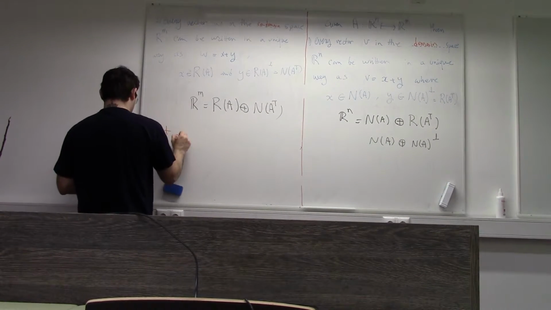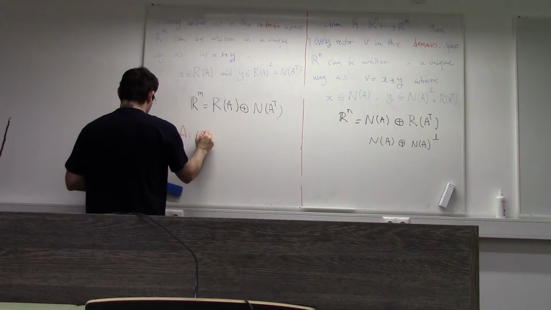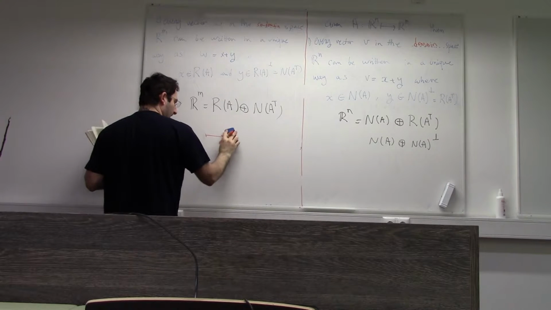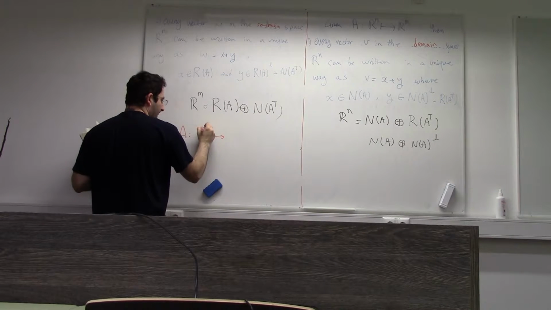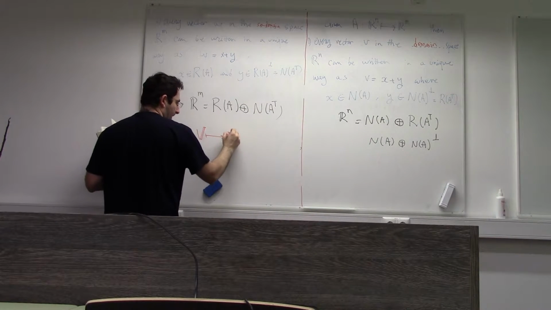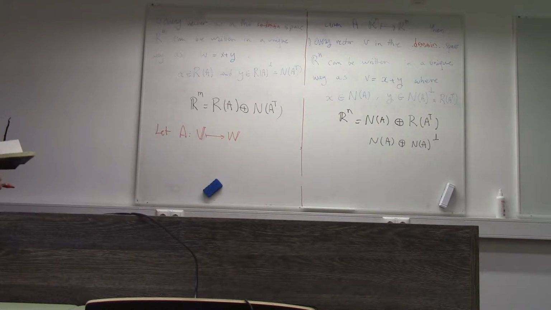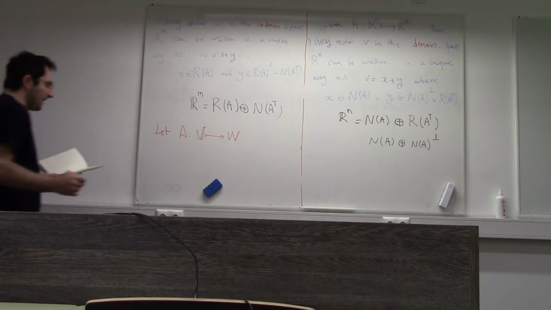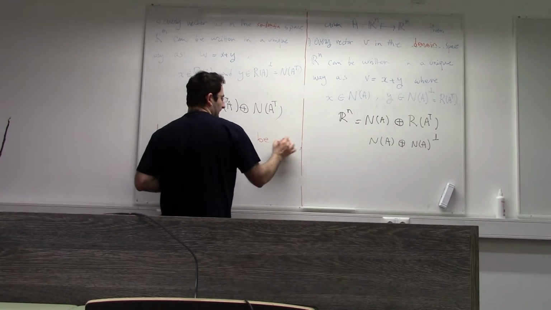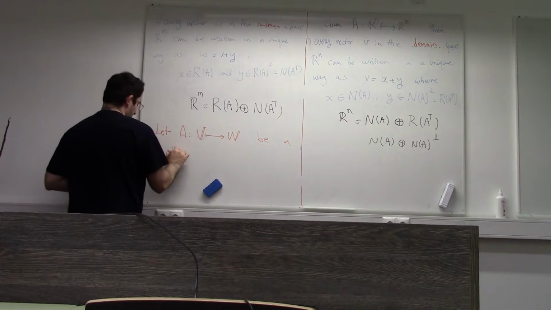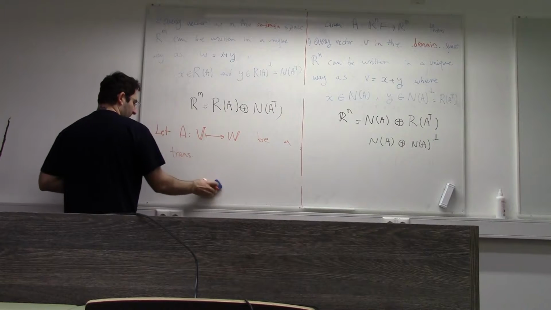Let A be from V to W, vector spaces, be a linear transformation, right?